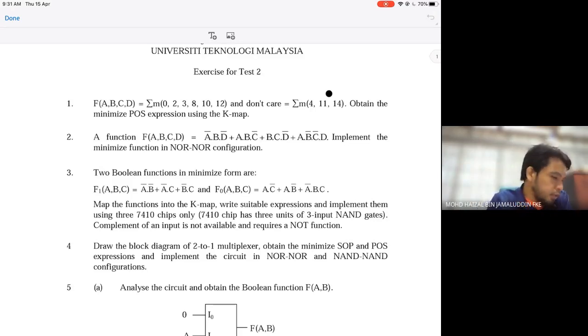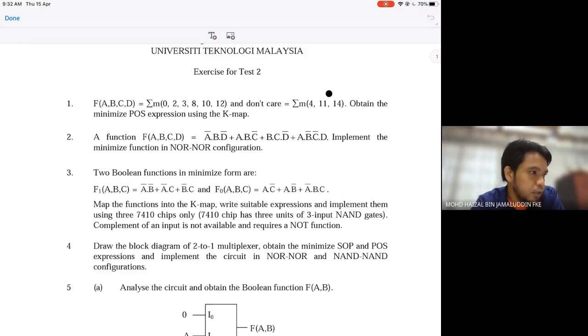Okay, so for this question, what information do you get if you are asked to draw the truth table? The step before you draw the K-map, you still need to draw the truth table. Here you have the inputs A, B, C, and D. So directly it shows that you have 4 inputs, so n is equivalent to 4, and then 2 to the power of 4, so you have 16 possibilities.